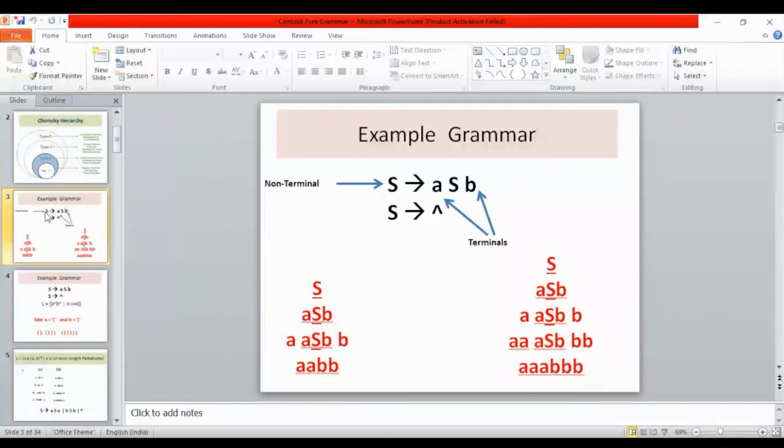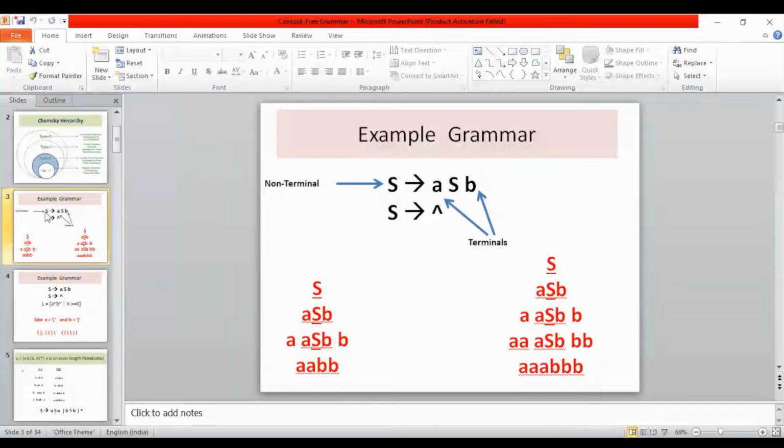Or if I want to terminate the process, I will replace S with null. So here we have two options for non-terminal S, and these two alternatives are known as the two rules of the grammar. Normally we use the symbol S to represent the starting symbol of the grammar.